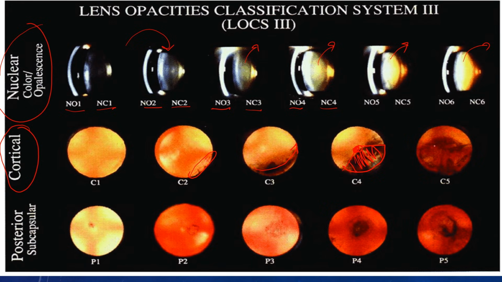And C5 is when it crosses the center, right? Then the third set of pictures is for the grading of the posterior subcapsular cataract. In P1 you have the small speck, P2 is slightly bigger, P3 is bigger, P4 and then P5, right? So you can compare what you are seeing clinically to these LOCS 3 pictures.